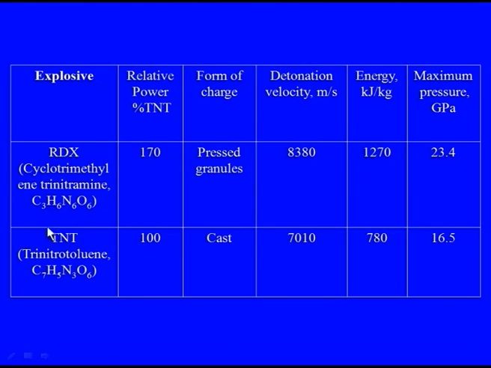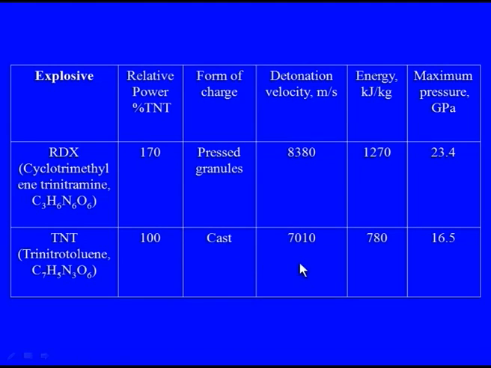Then another popular explosive is TNT. I have already indicated, the chemical name is trinitrotoluene, and the chemical formula is C7H5N3O6. Its relative power is 100 percent, as the power ratings are compared with TNT, and the charge can be found in the cast form.